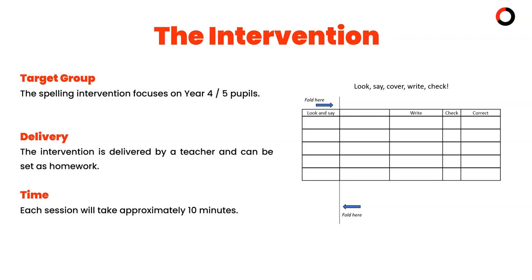So the intervention is targeted at Year 4 and 5 pupils. It's delivered by a teacher and can be set as homework, and each session should take approximately 10 minutes.